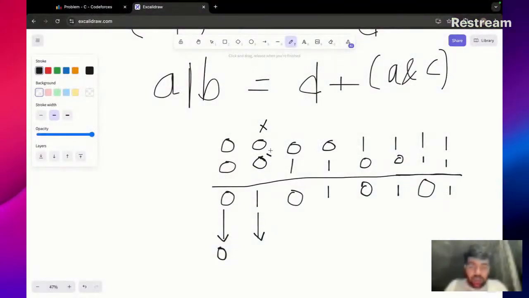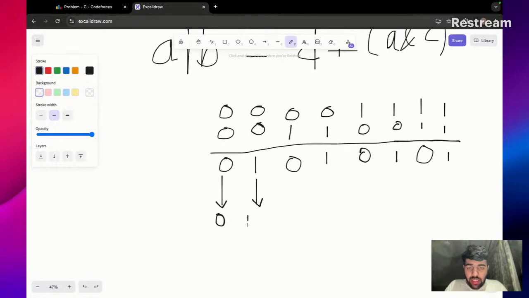Now if I have this case, this cannot change and this cannot change. How can I get a bit over here? I can get a bit only by carry forward, right? So my I minus 1th bit has to be 1, right?